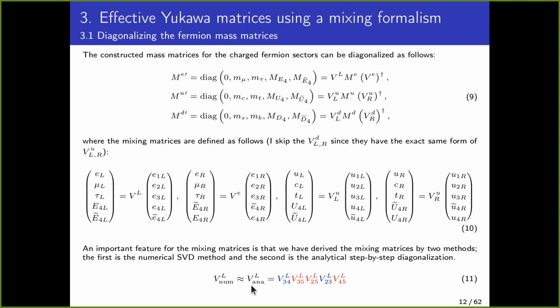And as I told you, this numerical mixing matrix can be separated into the SU(2) conserving and violating mixing. Blue is conserving and red is violating. But this is not very relevant to this project, so I will skip this point.